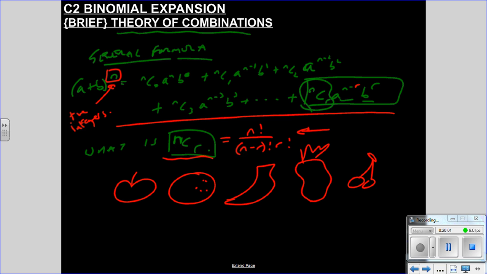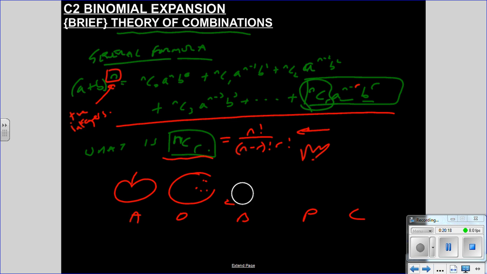So apple, orange, banana, pineapple, cherries. Make it easier using letters. So if I wanted to say there's 1, 2, 3, 4, 5 different objects, yeah? So there are n equals 5 here. There are 5 different objects. How many ways can I uniquely pair up these objects? That's what n choose r means.